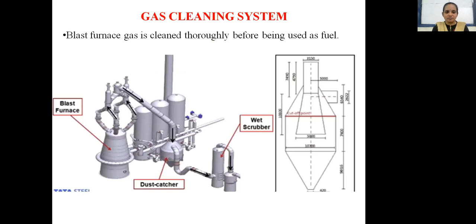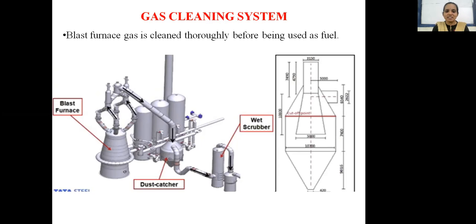Gas cleaning system. It is one of the auxiliary units of the blast furnace. Whatever gases come out of the blast furnace are collected separately and cleaned, then sent to the gas holders.